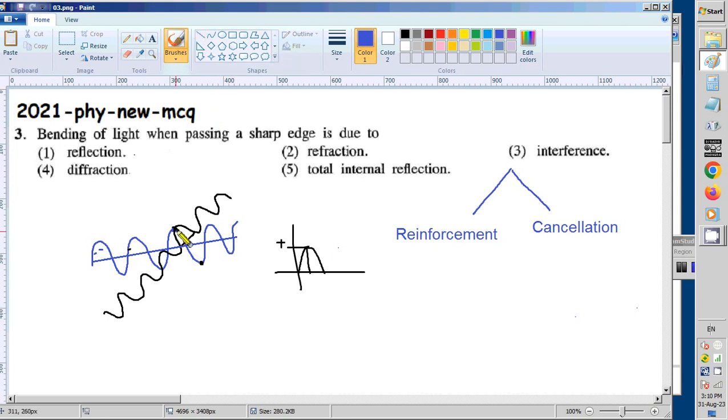The positive portion overlaps with the positive portion of the other wave. If this one has amplitude A, the resultant wave has an amplitude of roughly 2A. That type of interference is called reinforcement.